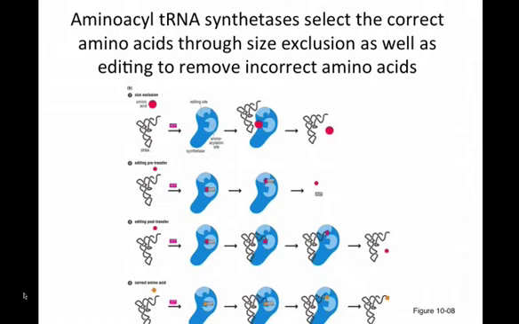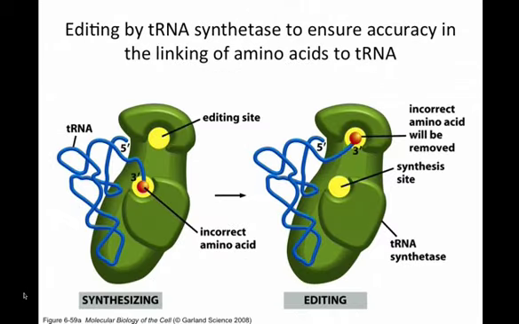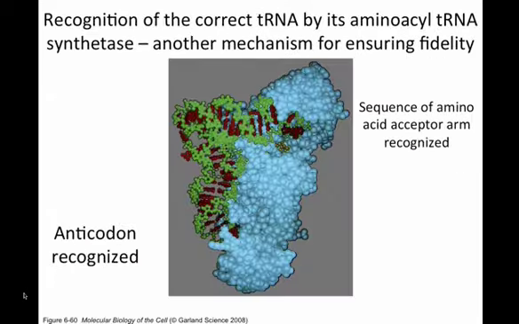A second level is the amino acid being added to the correct tRNA? If not, it gets edited and removed, right? And then here I'm saying that also the correct tRNA needs to interact with the enzyme.